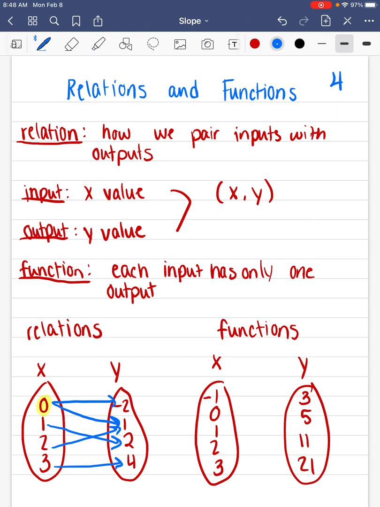So -1 is going to go with 5, 0 is going to go with 3, 1 is going to go with 5, 2 is with 11, and 3 is with 21. So see here, all of our X values only have one arrow coming off of them. That means that this is a function, so that's why it's under the function category. It's all good to go.